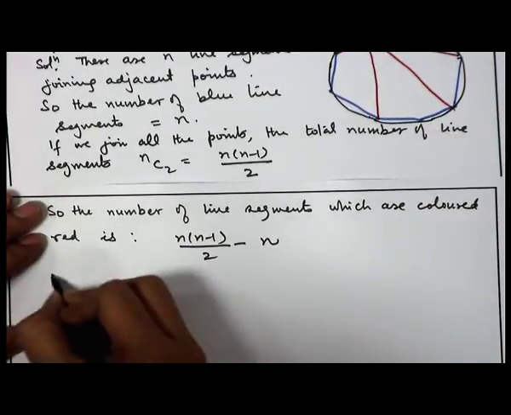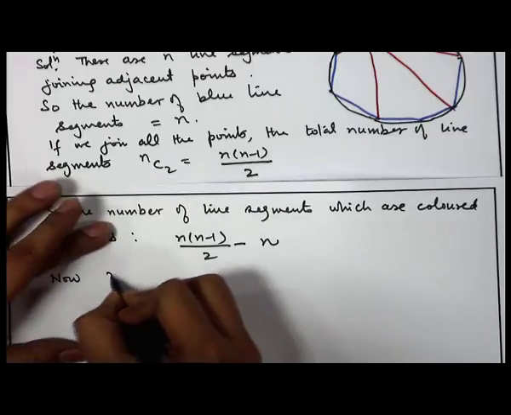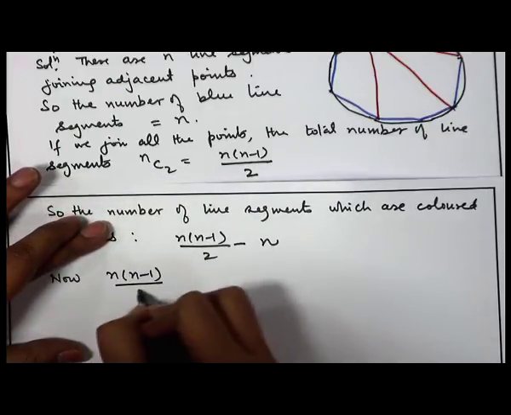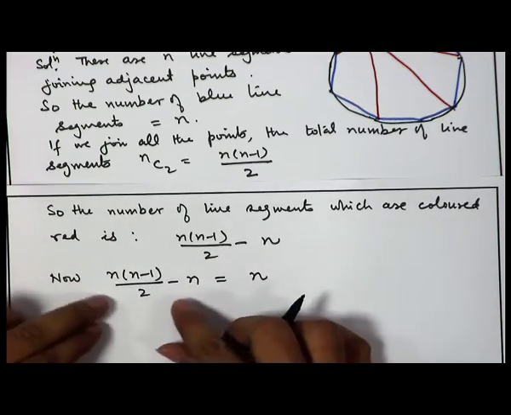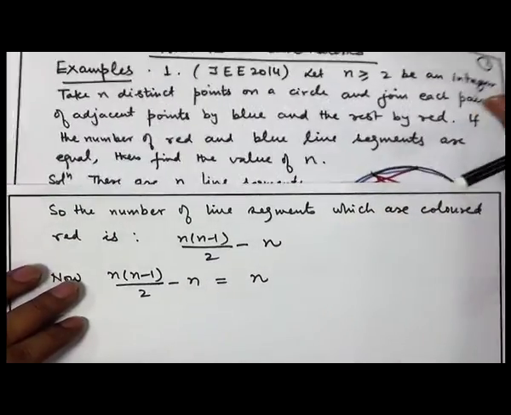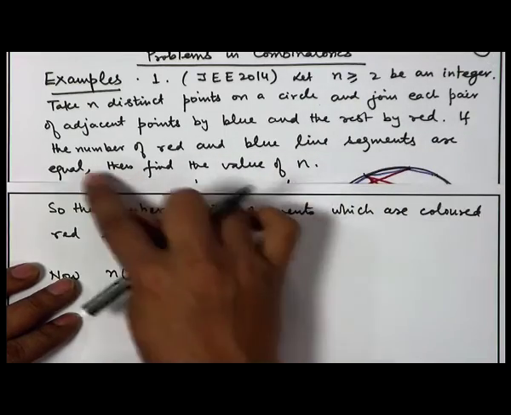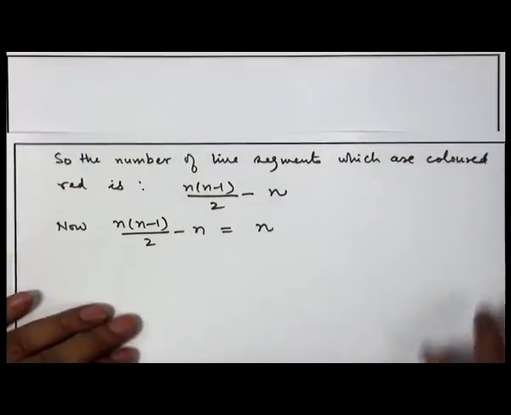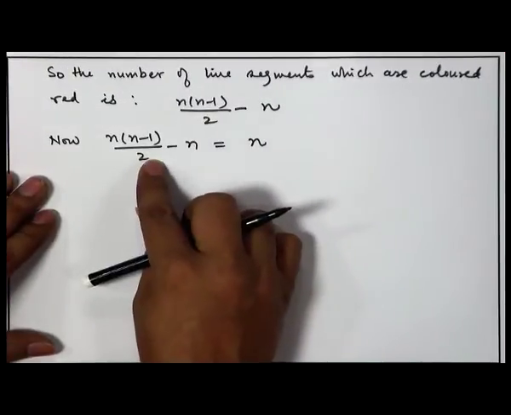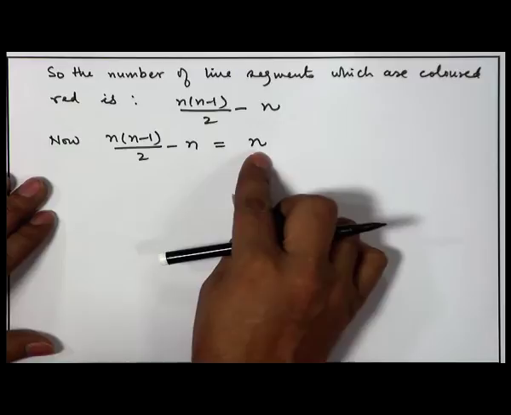Now, it is given that n into n minus 1 by 2 minus n is equal to n, because it is written that the number of red and blue line segments are equal. So, we get this equation here, n into n minus 1 by 2 minus n is equal to n.